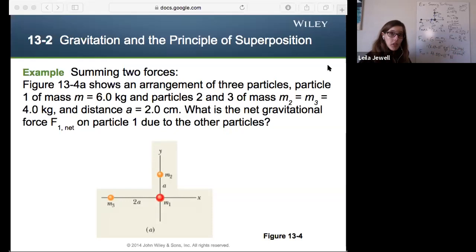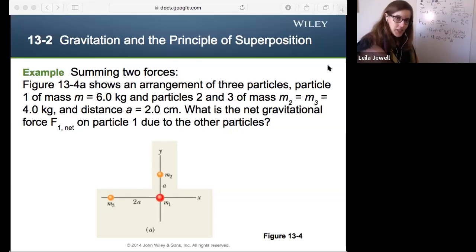We can do the same thing for the force on 1 due to 3, and we can even save ourselves some calculations if we notice that because they have the same mass, the only thing different about particle 3 is that it's further, and it's twice as far away to be exact. So that allows us to do a neat trick to save ourselves a little bit of calculator effort.